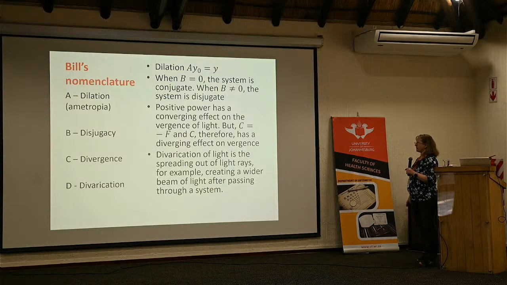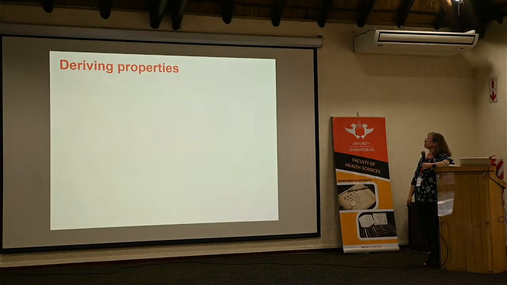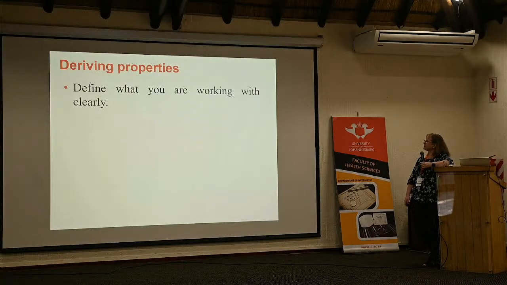And then divarication is merely the spreading out of light rays, creating a wider beam of light after passing through a system. If you look those words up in the dictionary, you'll actually see where Bill got those words from.